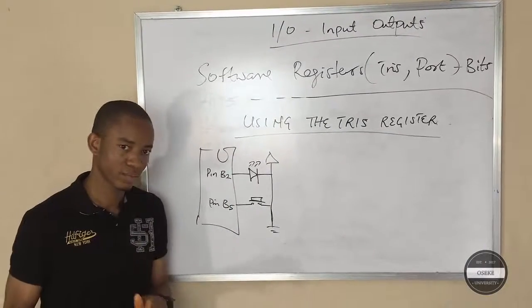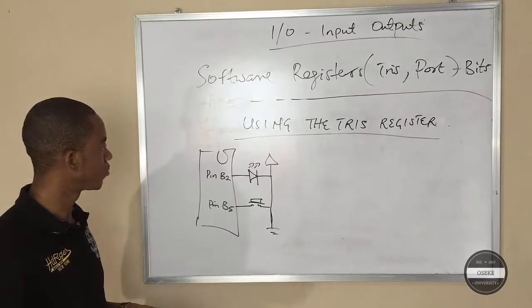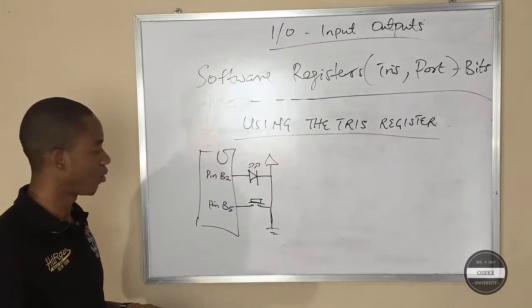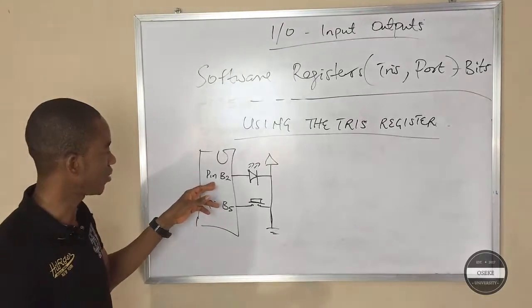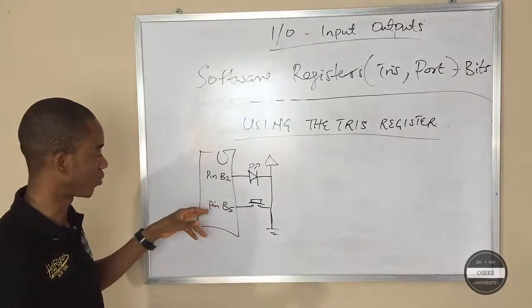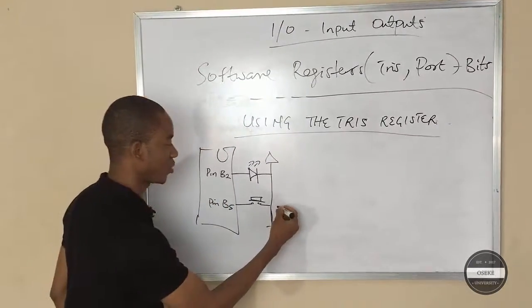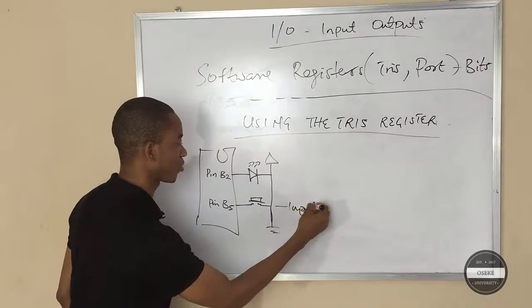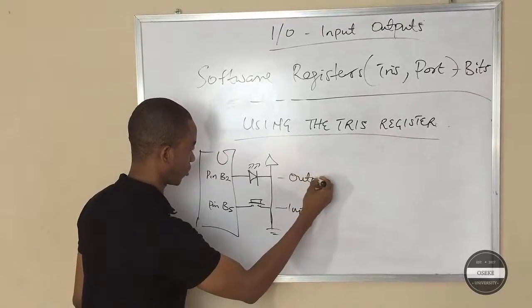So what this means is very simple. LED is at pin B2. Switch is at pin B5. And I already told you that a switch is an input hardware, while an LED is an output hardware.